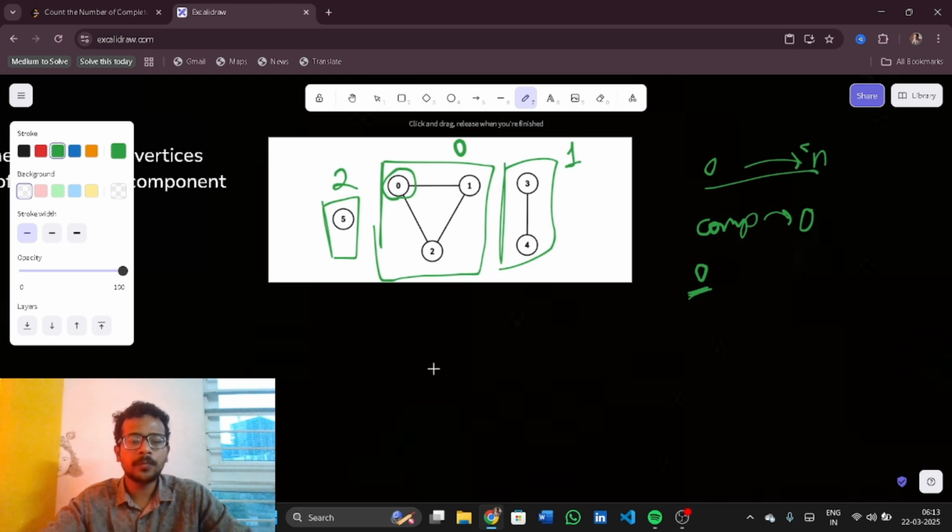So the first thing I need to do is, it is 0, my component is 0, and it will be having some nodes. See here, component is 0, and what are the nodes in it?